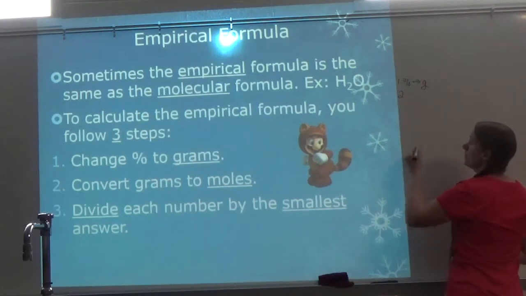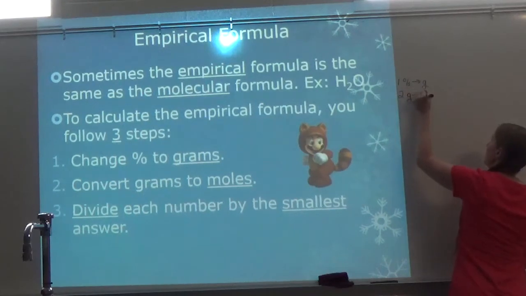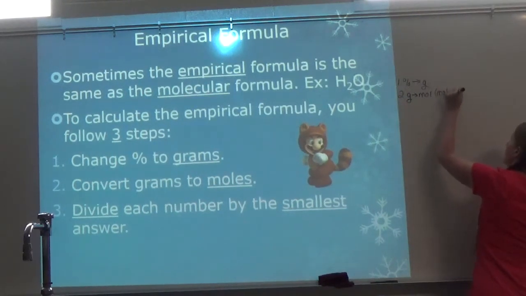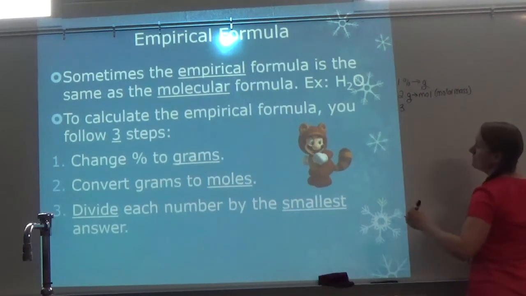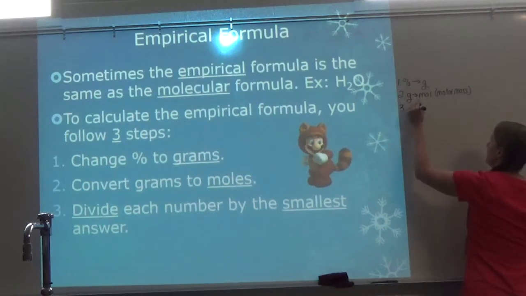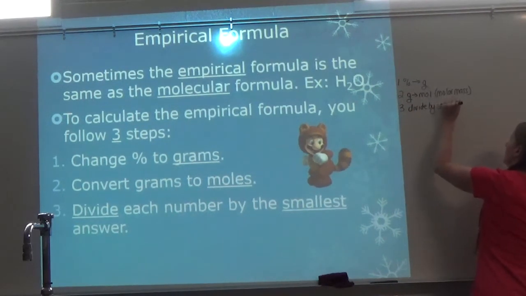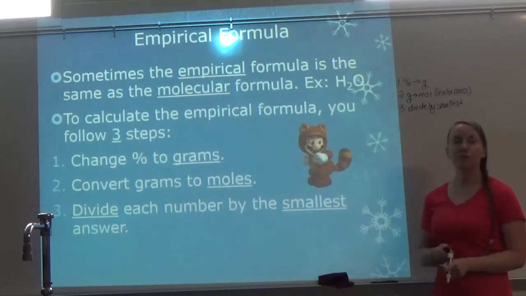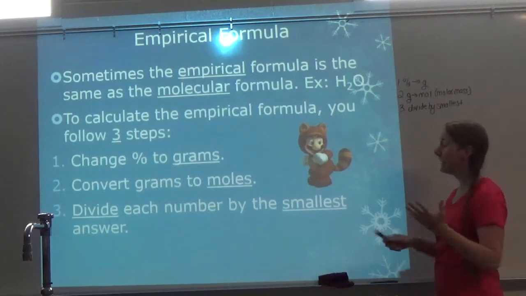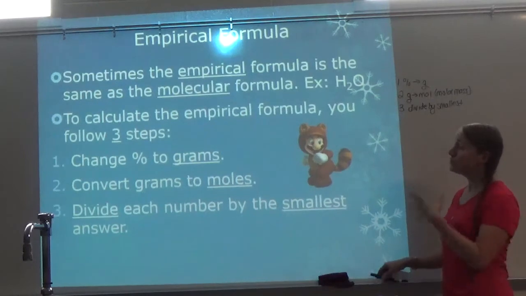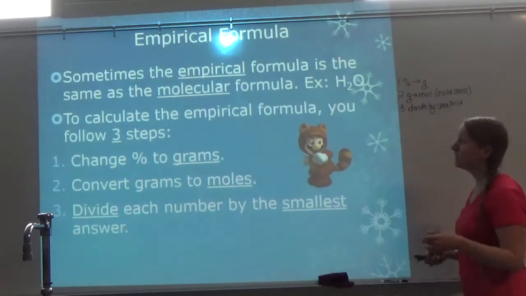Step 2 is we're going to convert grams to moles. To do that, we're going to use our molar mass. And then step 3 is divide by the smallest. Now, I know right now none of those make any sense because we haven't actually started. These are the rules that we're going to follow, so let's look at what's going on.